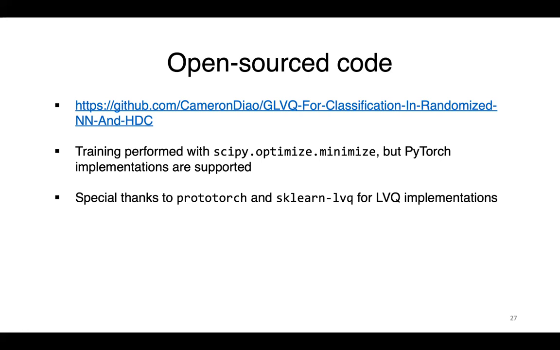And finally, I wanted to give special thanks to the ProtoTorch and scikit-learn LVQ libraries for their LVQ implementations, which were very intuitive and simple to use, and allowed me to implement my experiments in both the SciPy and the PyTorch libraries.